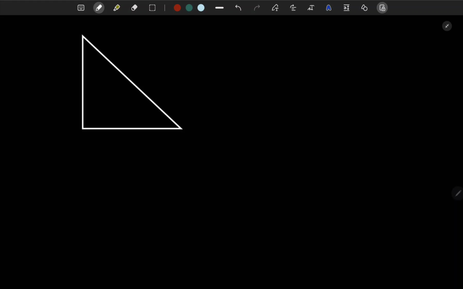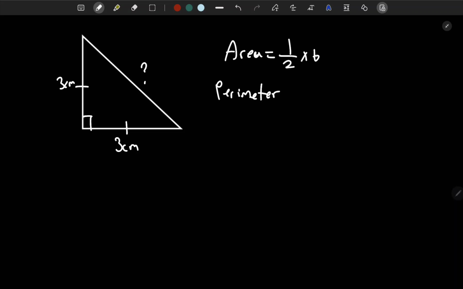In our next question, we are given a right angle triangle. We are told that these two sides are equal. So this is 3 centimeters, this is 3 centimeters. We are not given this side, so this is a question mark. We are told to find the area and the perimeter of this triangle. The formula for the area of a triangle is half multiplied by the base multiplied by the height.